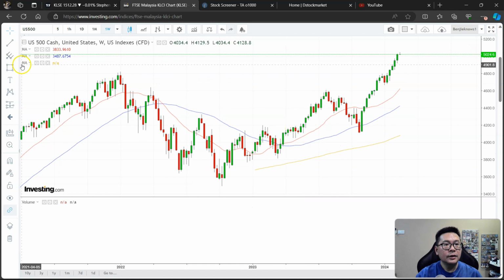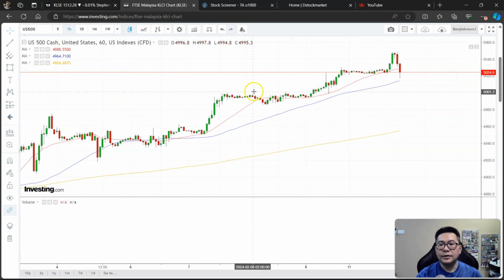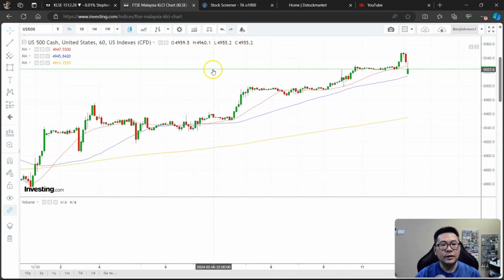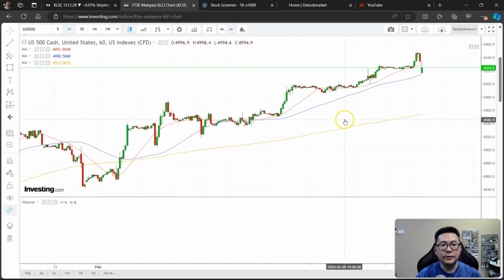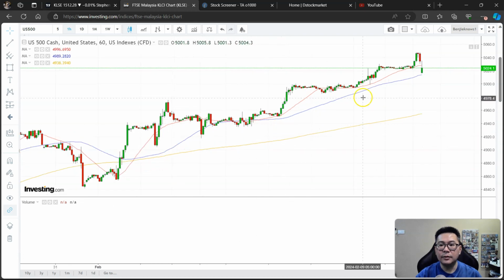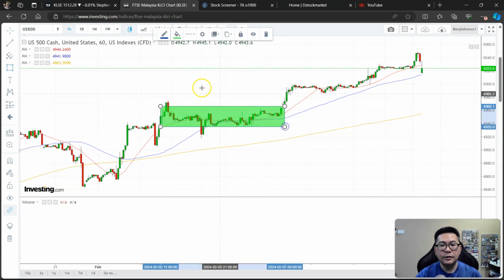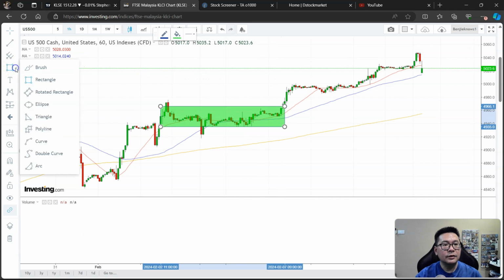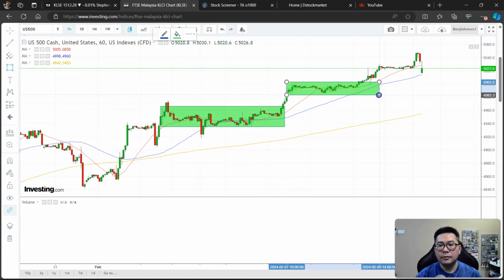Okay. Now let's switch to the 60-minute chart. On the 60-minute chart, there is quite a lot of support here. A correction going back up, but some kind of a triangle, I think. But there's a lot of support in the 60-minute chart. Support here. There's another support here.